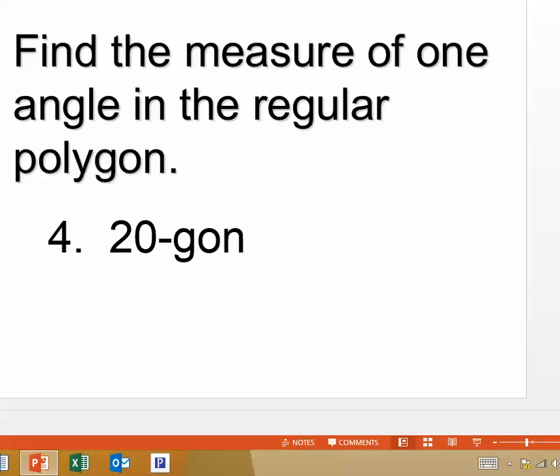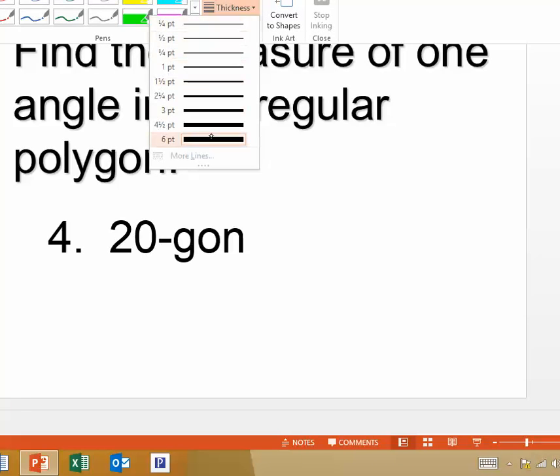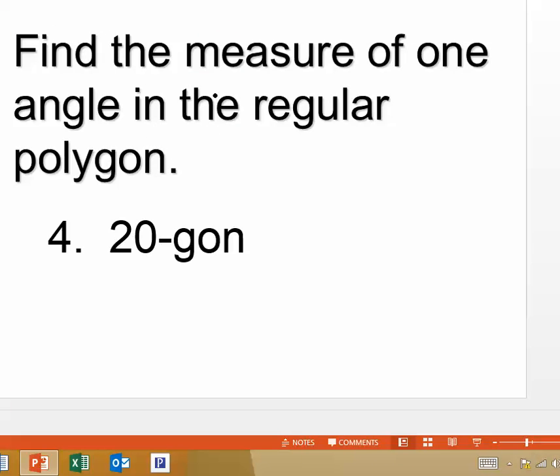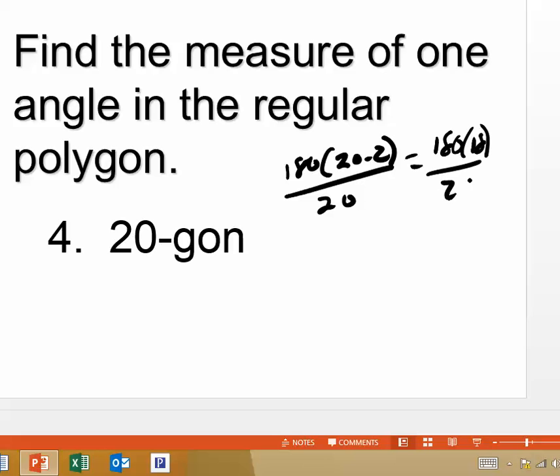Find the measure of one angle in a regular 20-sided polygon: 180 times 20 minus 2 over 20. That becomes 18 times 180 divided by 20.